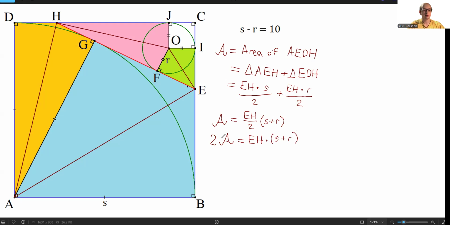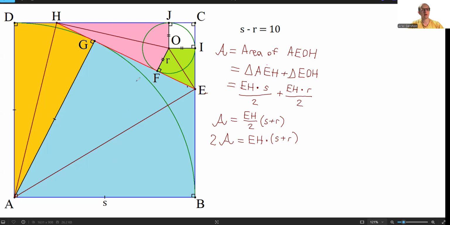So why did I multiply that by 2? Well, if we take a closer look at this shape, AEOH, it actually contains exactly one out of each pair of colored triangles. So see, it contains AEG, that's one of the blue triangles, one of the green triangles, one of the pink triangles, and one of the orange triangles.